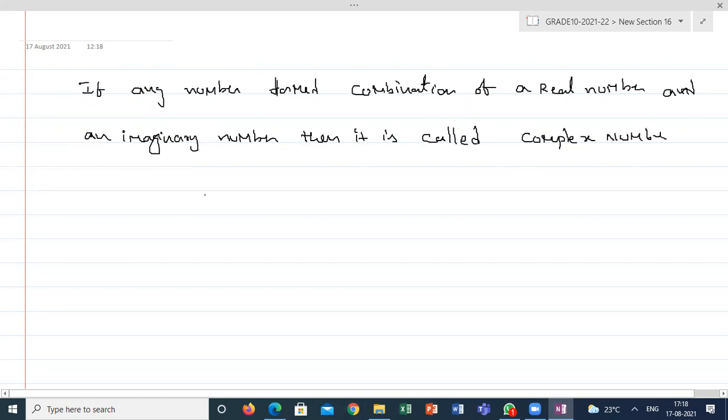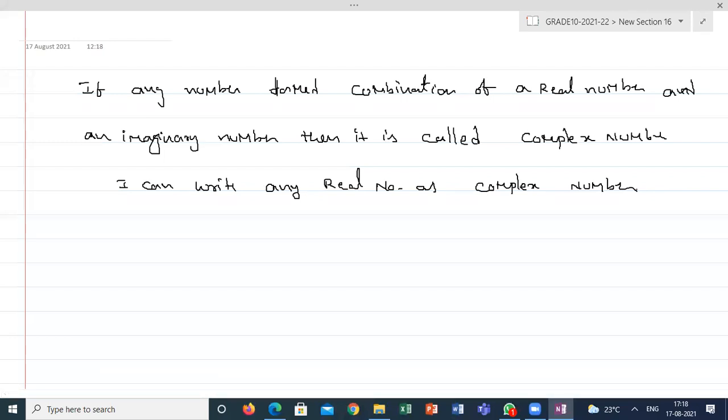With this definition, I can write any real number as a complex number also.